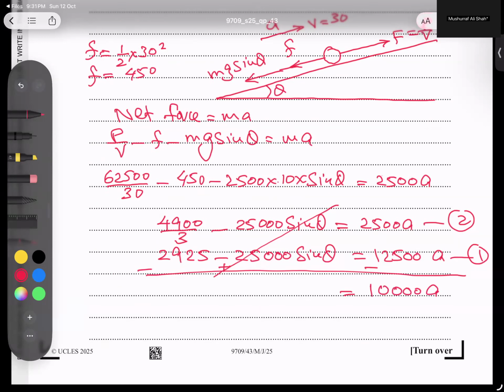And what about the other side? 4900 divided by 3 minus 2925.